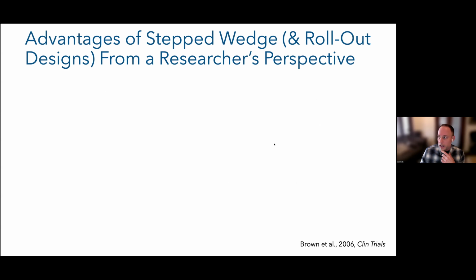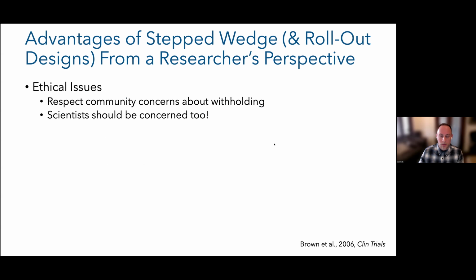Okay, so some advantages of stepped wedge designs and rollouts a bit more generally. I will say this is definitely from a researcher perspective; asking community partners and implementation partners their perspective on the benefits and drawbacks might be a little bit different. But here are some of the things from a researcher's perspective.